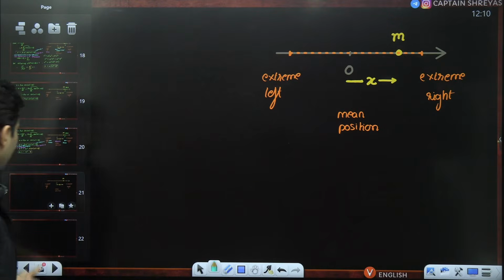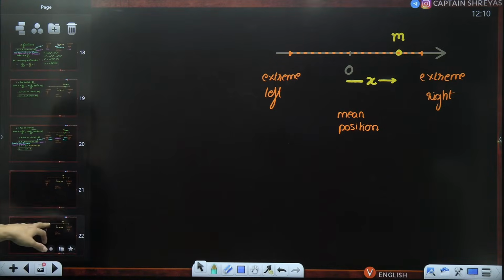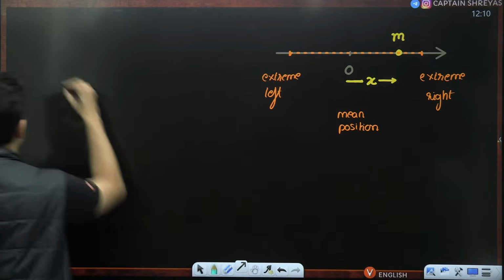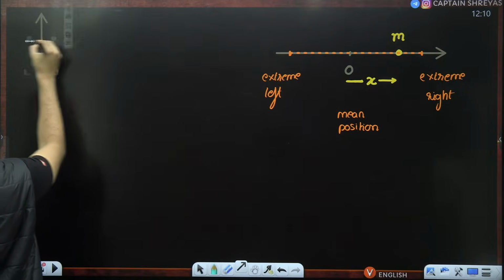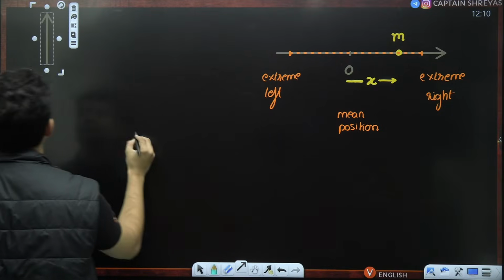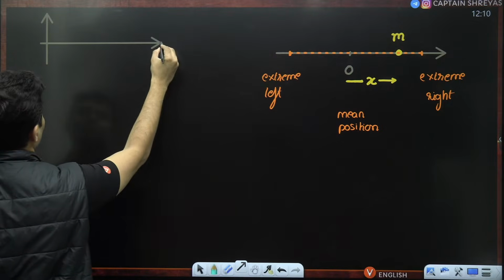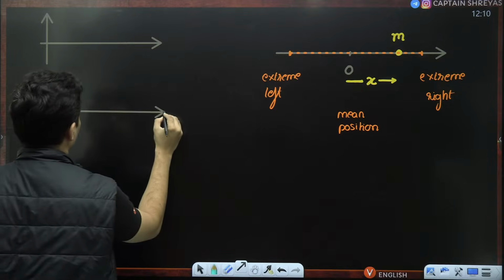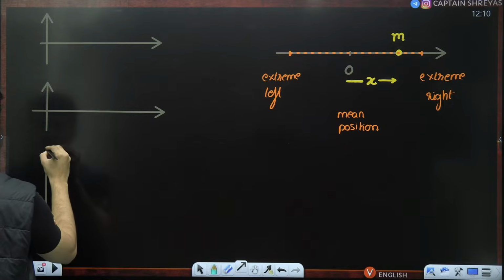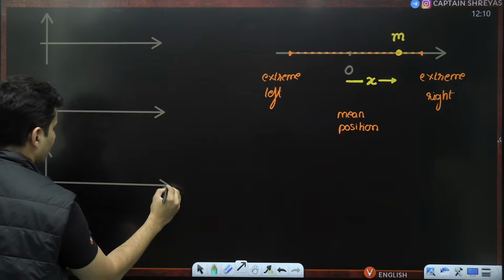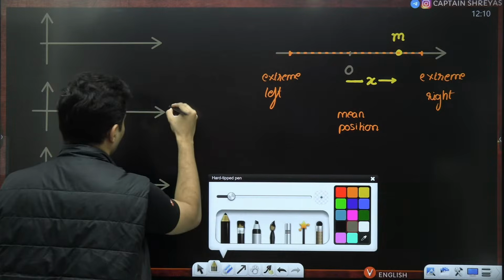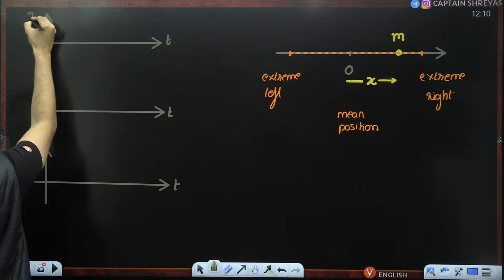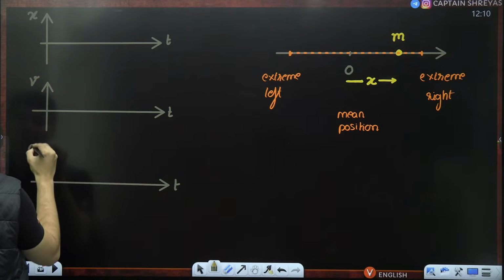Okay. Talking now about the graphs of all these things, very important again. The graphs. Time. This is position, this is velocity, this is acceleration.